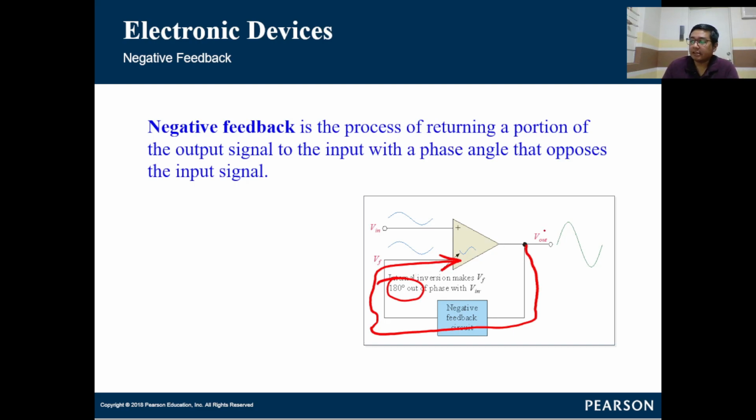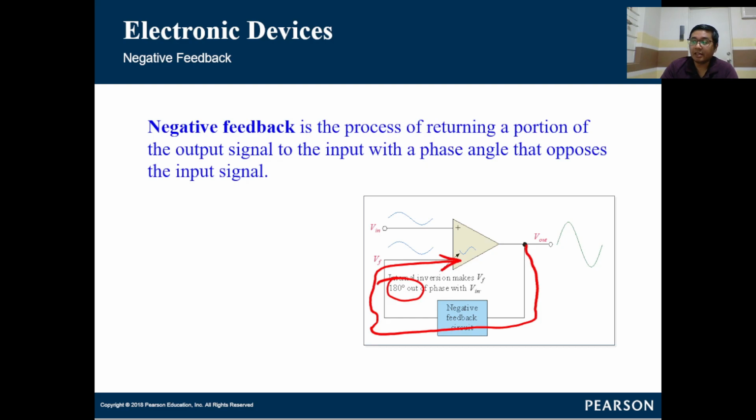Okay, and while the output is being fed back to your inverting input, it is being attenuated by an attenuation factor or attenuation constant, which is based on your feedback element. So we can connect a voltage divider on the output, and we can control the actual attenuation that will have an effect on your output papunta doon sa ating inverting input.